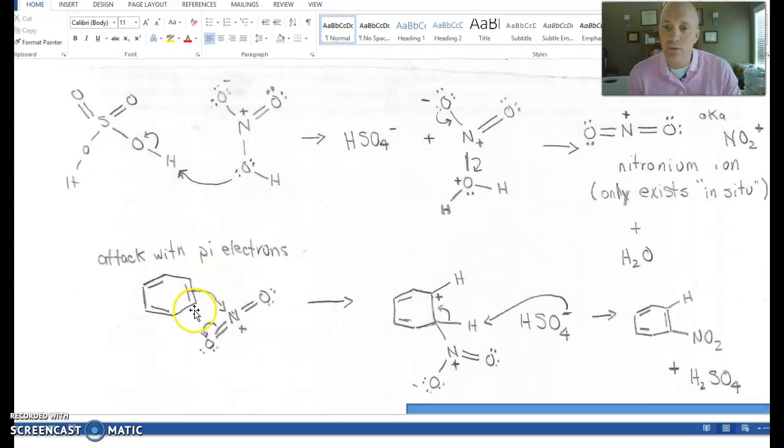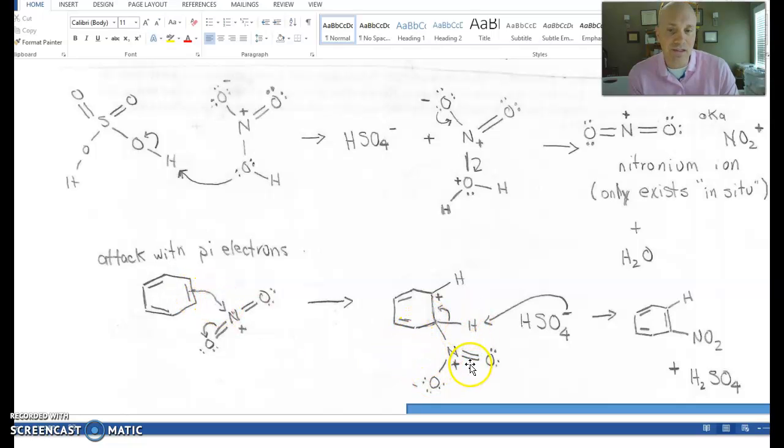So the reaction that's going to occur: again, we have benzene that's in solution, and once that nitronium ion gets created, it can then act as an electrophile compared to benzene. So benzene is going to attack that nitronium ion with its pi electrons. And remember, we've got three pairs of pi electrons that are being shared among all those atoms, and two of those pi electrons attack that nitrogen.